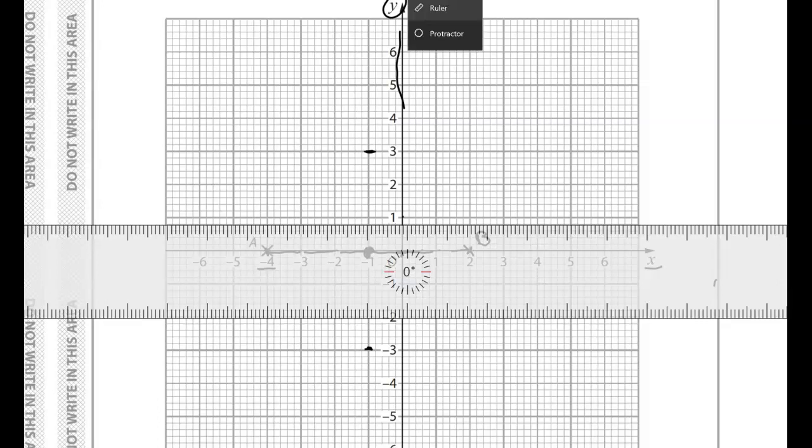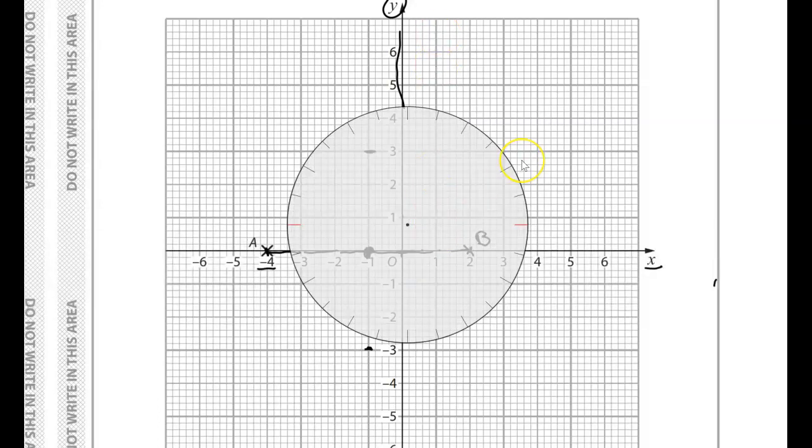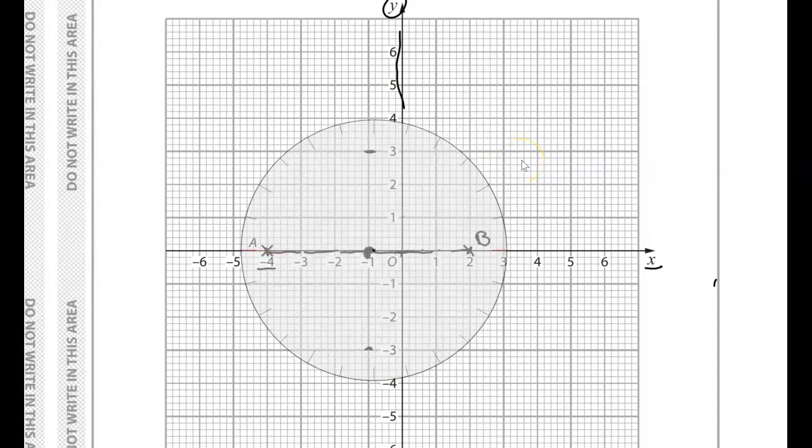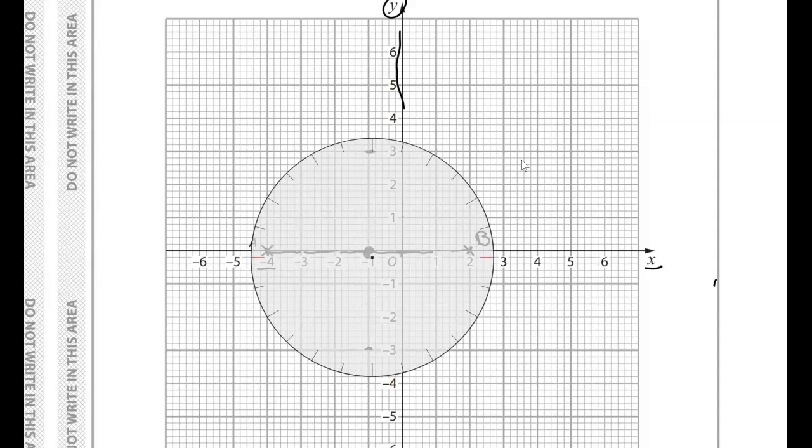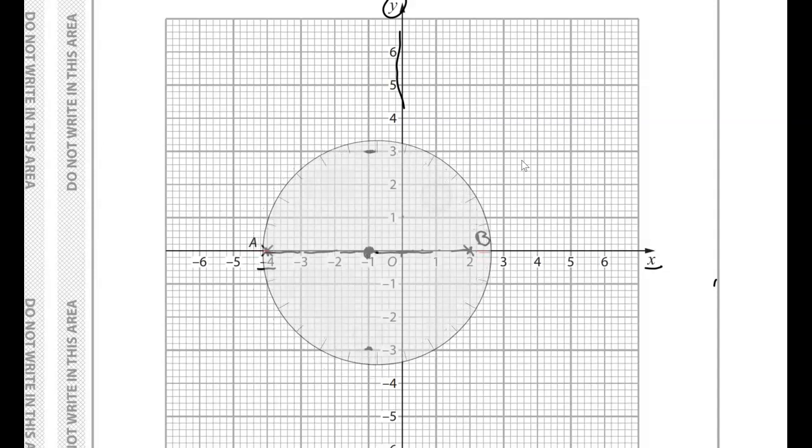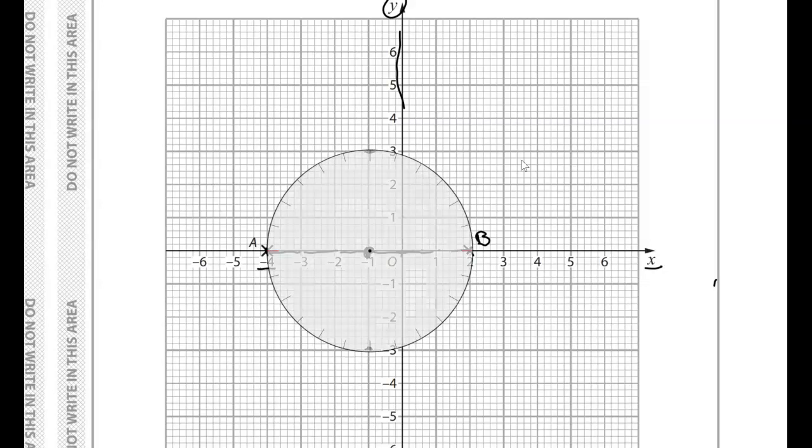Okay, so we'll get the protractor out and we'll place the center of the protractor on the center of the circle. On paper, you can use a pair of compasses, so as long as you align them correctly, you should be able to do exactly the same thing on paper.